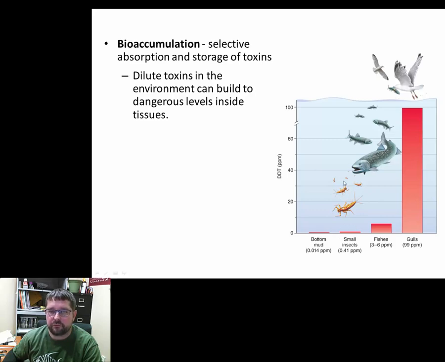It really does nothing to the small insects after it's in the system. Fish then eat those small insects. It depends on the fish species; sometimes there will be some effects on the fish, but then the birds will eat the fish, and then you get this huge accumulation in the tissues.